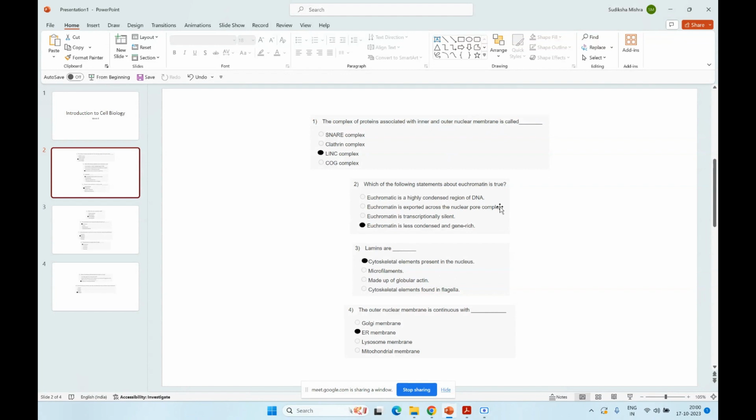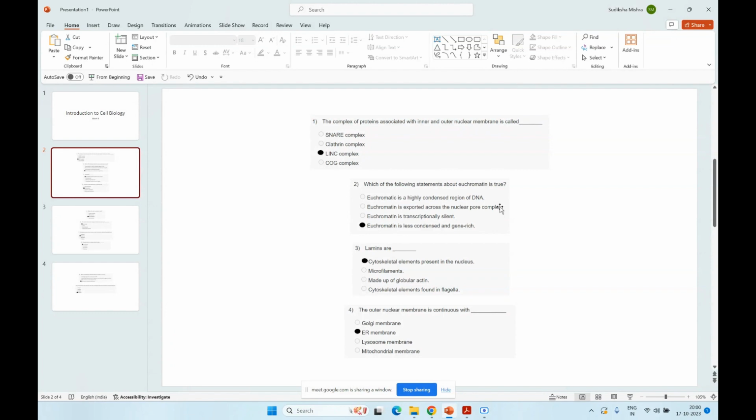It's the RNA synthesized from the euchromatin regions that is exported out of the nuclear pore complex. Euchromatin is transcriptionally silent, which is again false. It is very transcriptionally active. Most of the genes that are expressed in the cell are present in the euchromatin regions. Euchromatin is less condensed and gene rich, which is true.